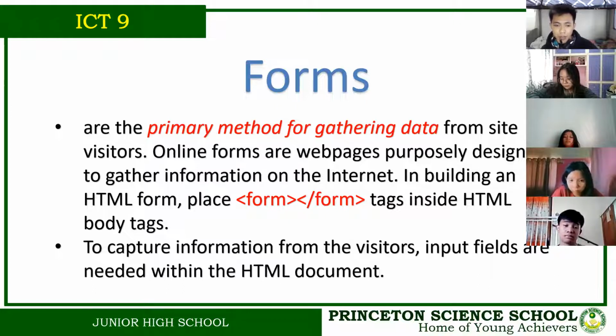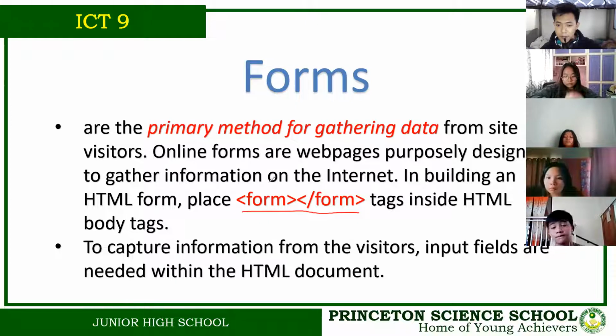In building an HTML form, we are placing form tags inside the body tags. Forms are the most common or the primary method of gathering data. So you cannot gather data without using forms, right?